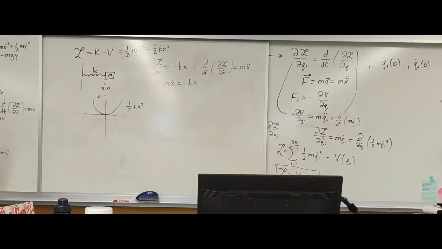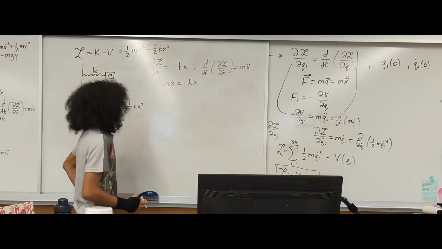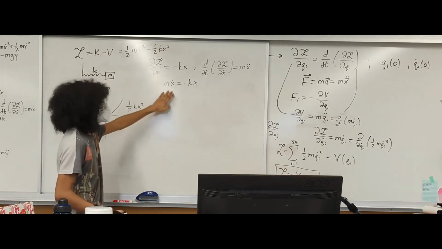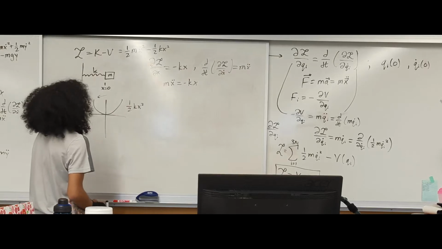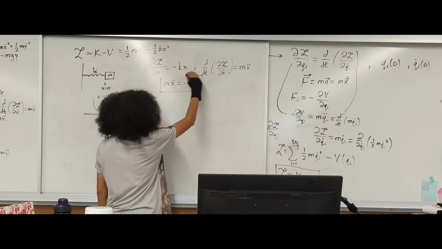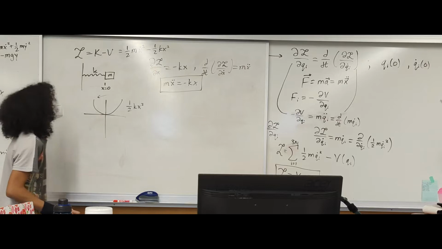If you've done a class in differential equations, you probably learned how to solve this specific one. You can express x in terms of sines and cosines. But I really just want to place importance on this differential equation because it pops up a lot, even in systems that you don't expect.